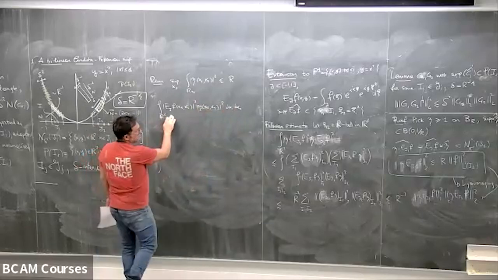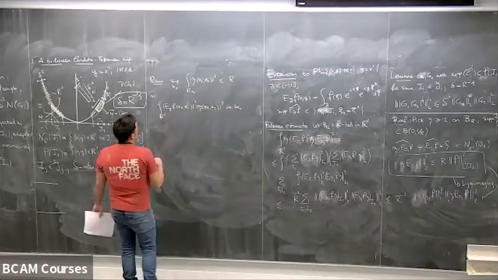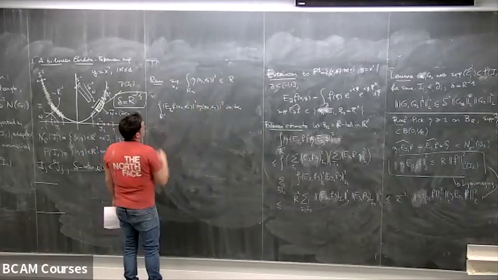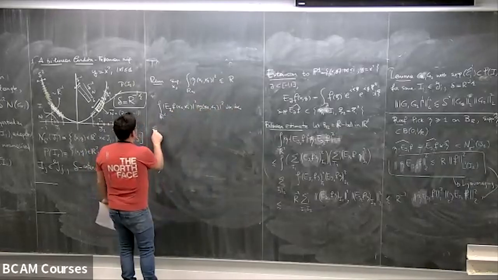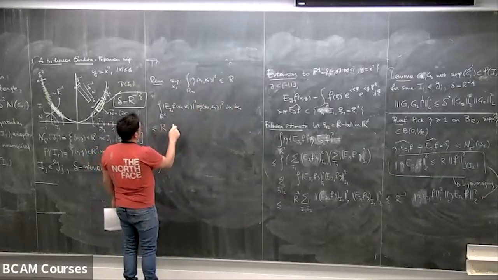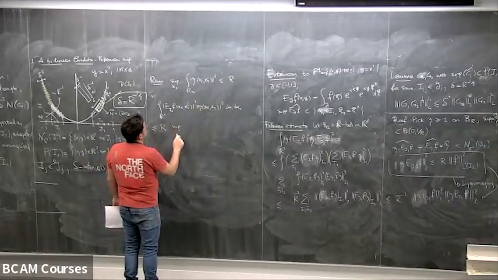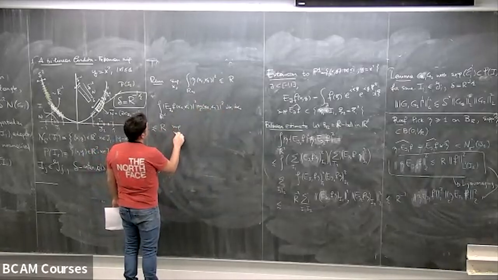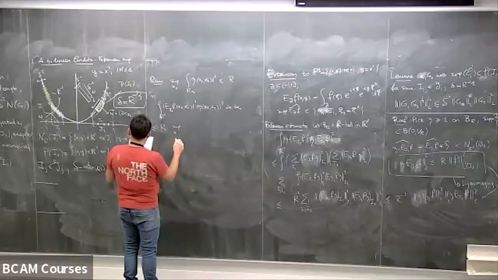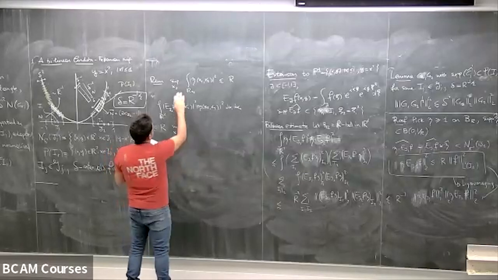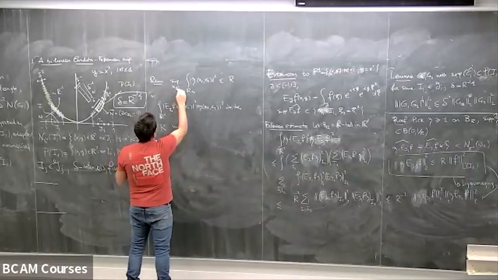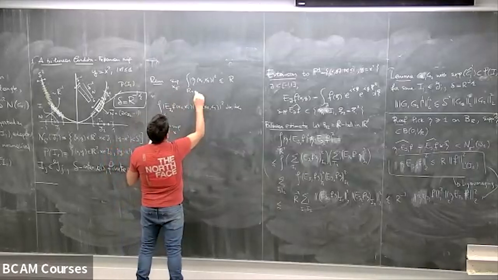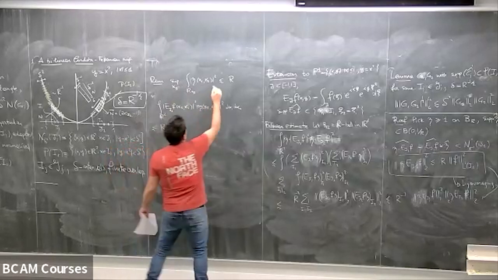Well, this is J, yes. J equals J1 or J equals J2 is less than R times the supremum over X, X2. Well, this is true for both coordinates. Okay, and dx.